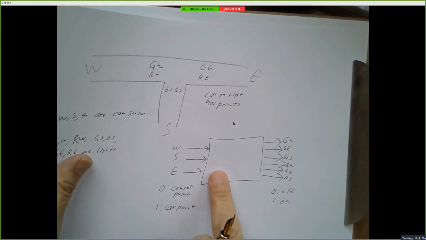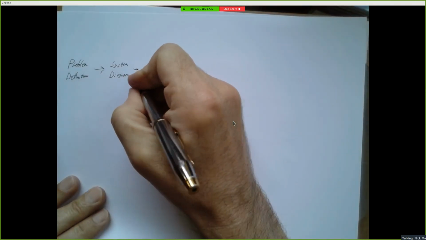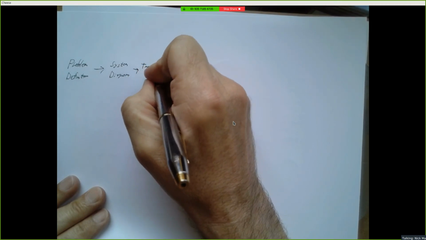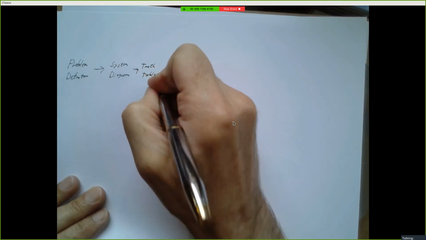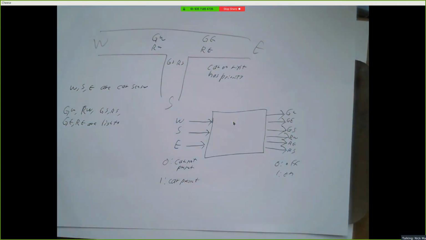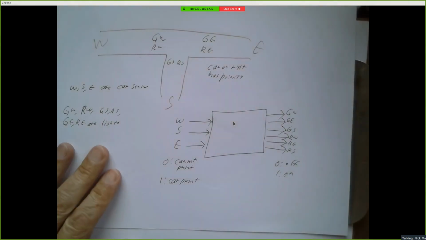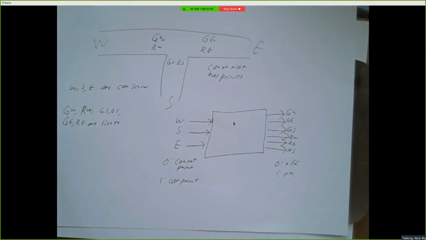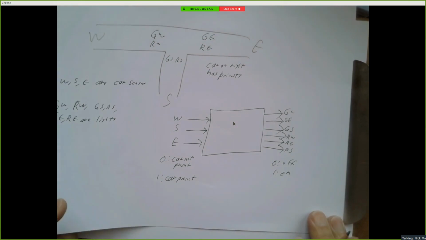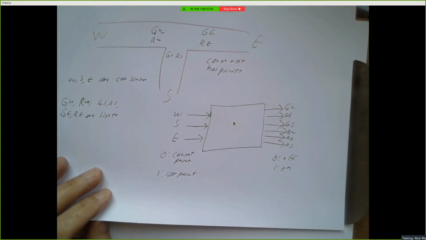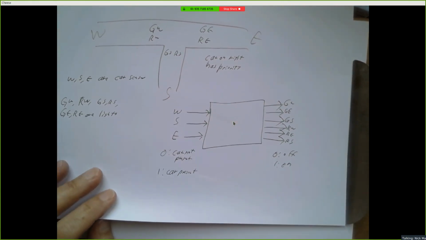That's what we've got here. That's going to take us to a truth table. So based on what we want this system to do, we can write a truth table to describe that behavior, in a very systematic way.